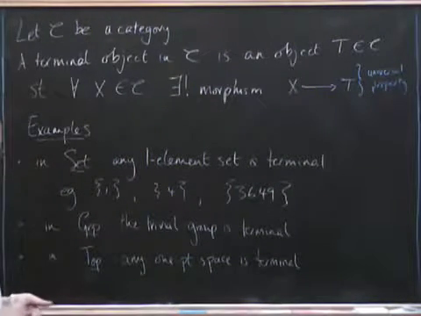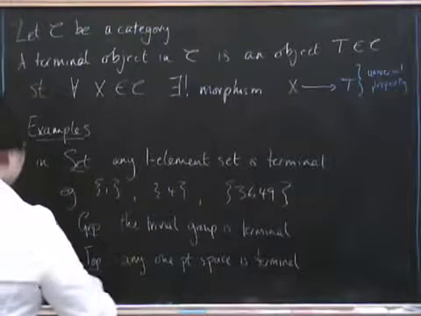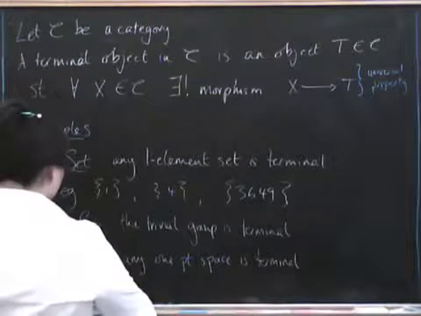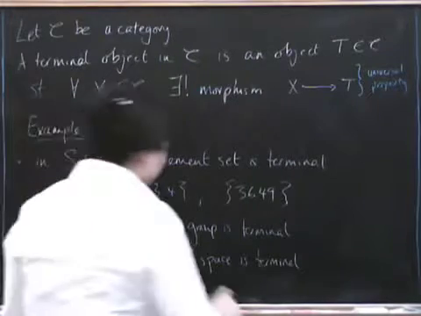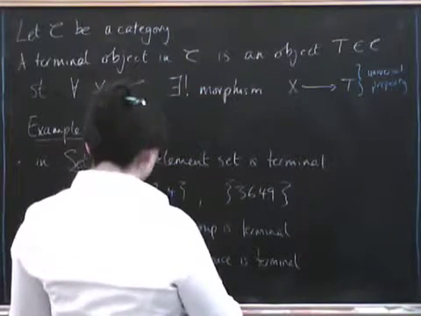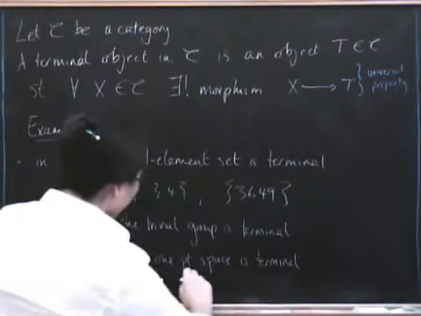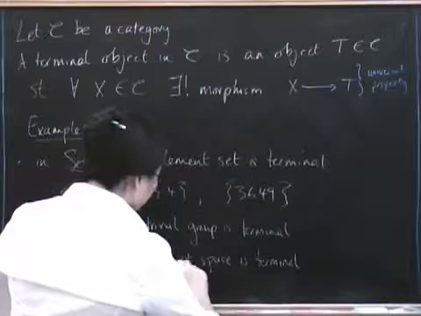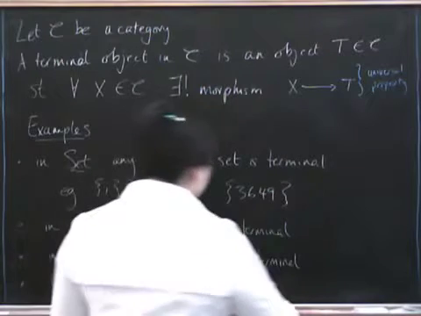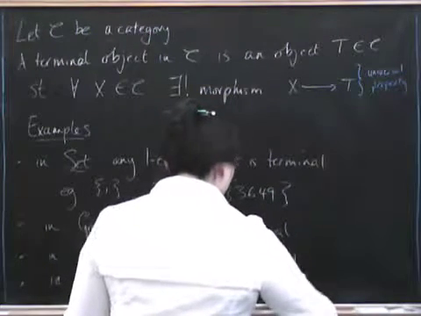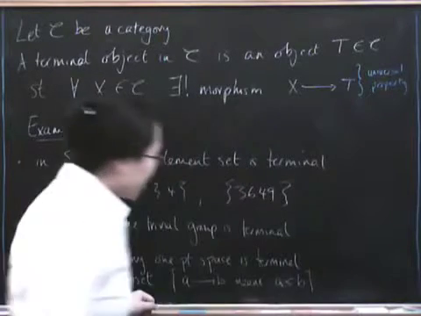And what other example could we have? Oh, we could think about a poset. So in any poset, so remember, we can think of a poset, regarded as, well, we've got a morphism A to B, which means A is less than or equal to B. So what will it mean to be terminal?